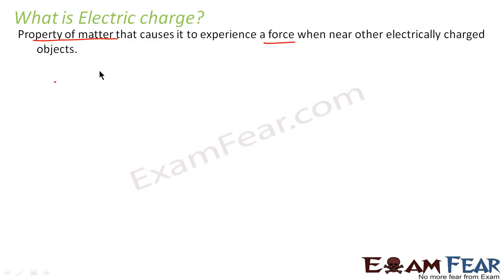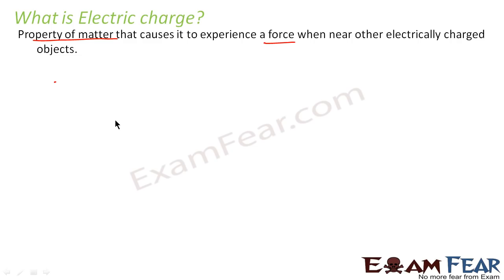So basically there will be no force between objects which are electrically charged. So electric charge is a property of matter. This property always exists within the matter. It comes into play or gets displayed when the object is brought near an electrically charged object, right?